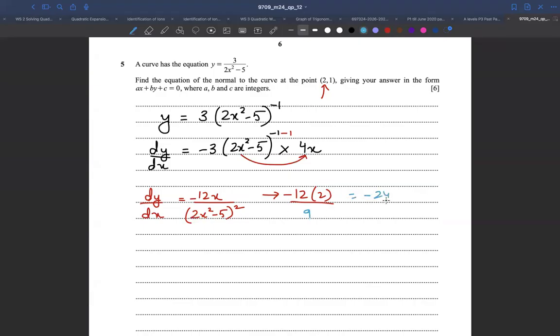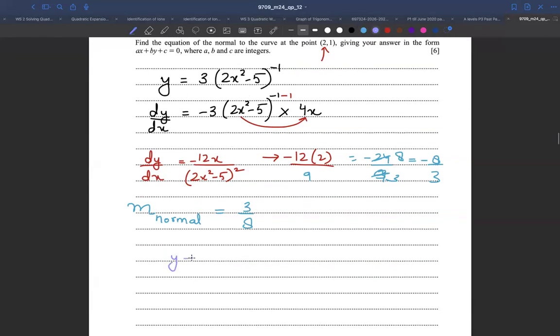So minus 24 upon 9, 3, 8. So minus 8 upon 3 is the gradient of your tangent, which means the gradient of your normal will be the negative reciprocal, which is positive 3 by 8. And then finally, to find the equation, you do y minus y1, which is 1, equals m, which is the gradient, into x minus x1, which is 2. 8y minus 8 equals 3x minus 6.